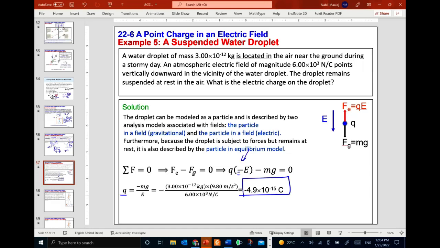If you get confused, determine the magnitude first, and then use your reasoning. Is this a negative charge or positive charge? The electric field is pointing downward, the electric force is upward, so the charge has to be negative.